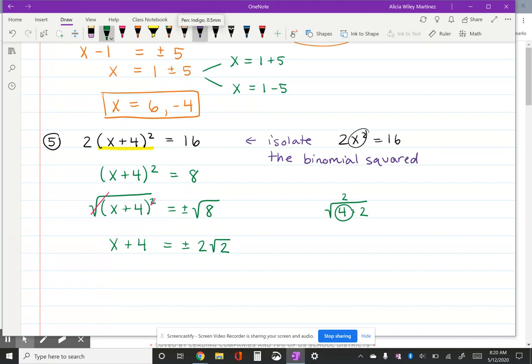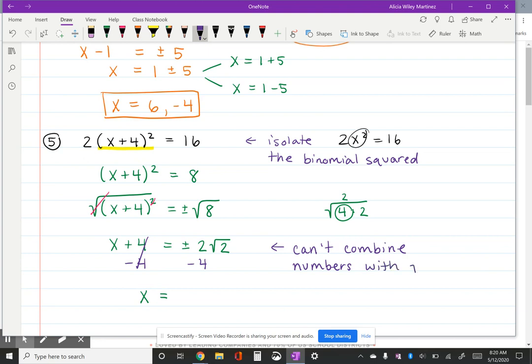My last step here is going to be to subtract 4 on both sides to get x by itself, leaving me with x equals. Now over here, we need to remember that we can't combine numbers with square roots.